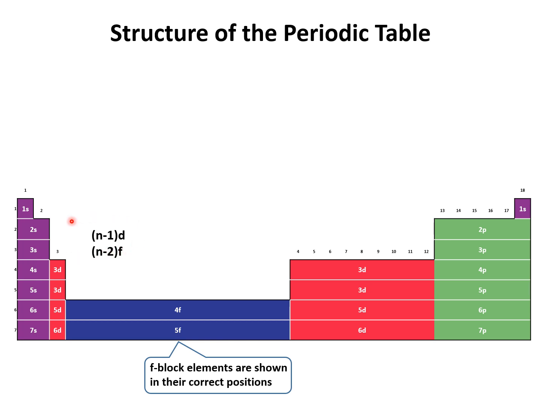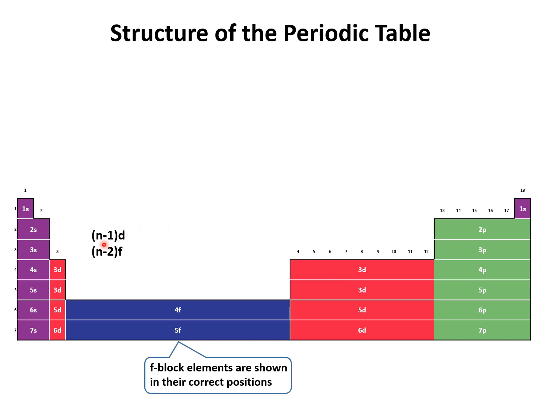Another important point in the periodic table is the labeling of the d and the f orbitals. The d orbitals are labeled as n-1, and the f orbitals are always labeled as n-2. What that means is, to take an example, for period 6, where n equals 6, the s orbitals and the p orbitals are labeled 6s and 6p because they are labeled directly from the principal quantum number, but the d orbitals are labeled n-1.